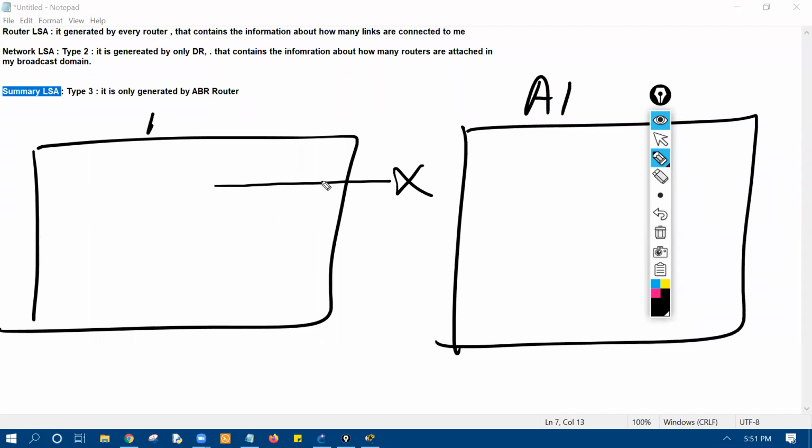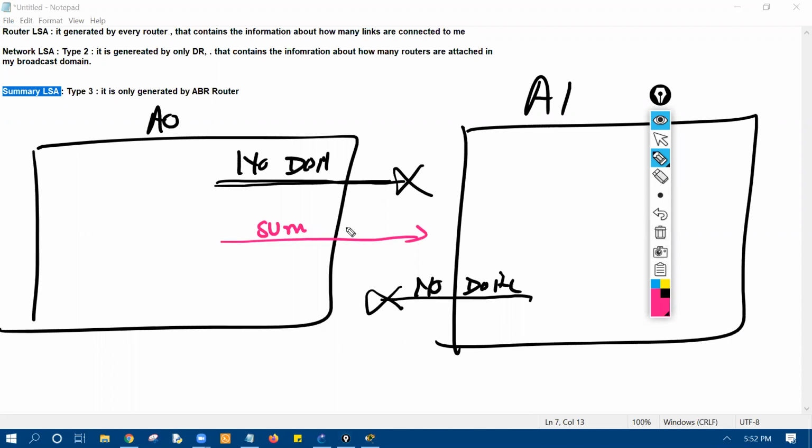Area 0 will never share the detailed information with area 1, and area 1 will never share the detailed information with area 0. No detail. It will just share the short, summary information, so that the users sitting behind area 0 and the users sitting behind area 1 can communicate based on the summary LSA.